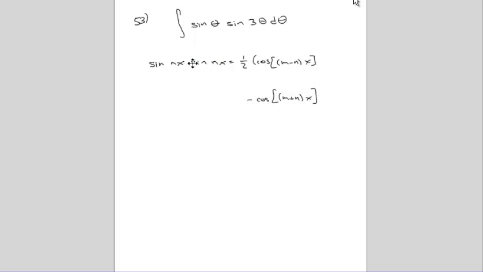So what is m? Well, m is equal to 1 and n is equal to 3, and we have theta instead of x.